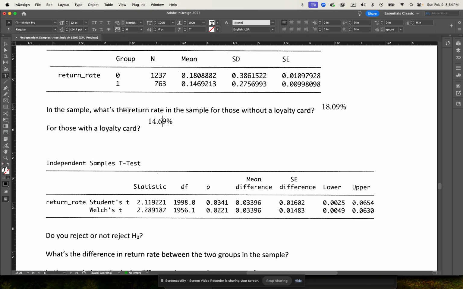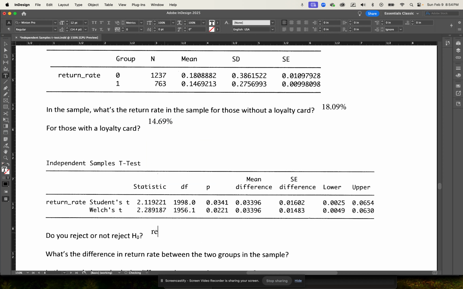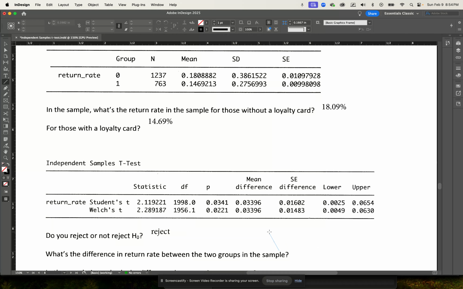So we are going to reject the null hypothesis. And what's the difference in return rate between the two groups in the sample? Well, it's right here. So let's just put an arrow right there.